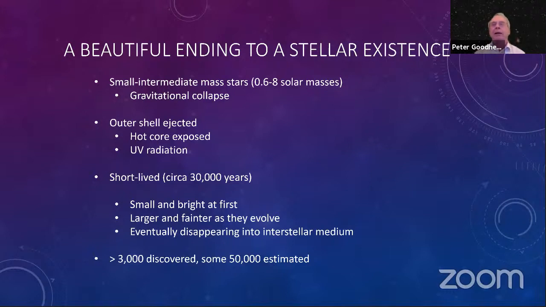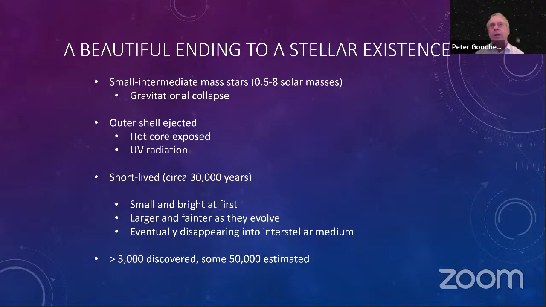They tend to be small to intermediate mass stars, between 0.6 and 8 times the mass of the sun. When stars get to the end of their life, stars are normally in balance between gravitational pressure and the external outward pressure that comes from the nuclear reaction that goes on within them.